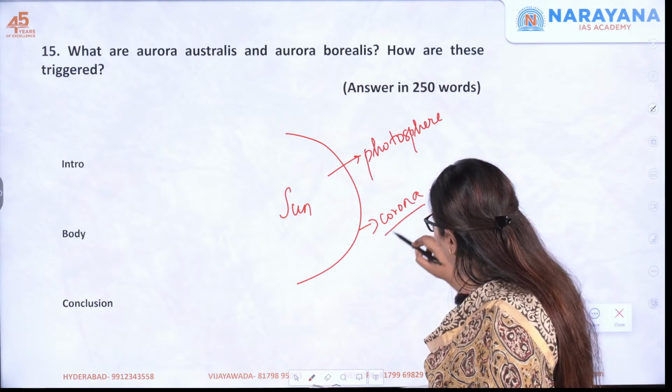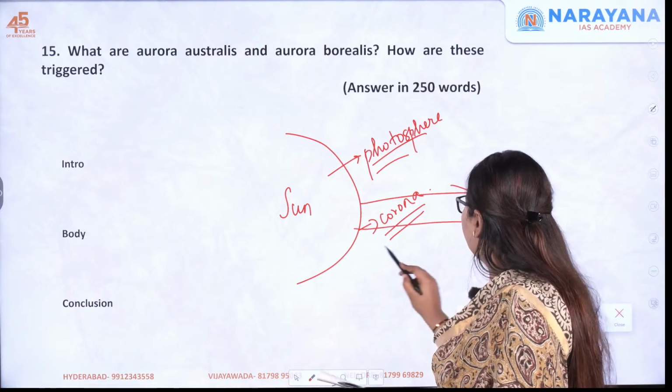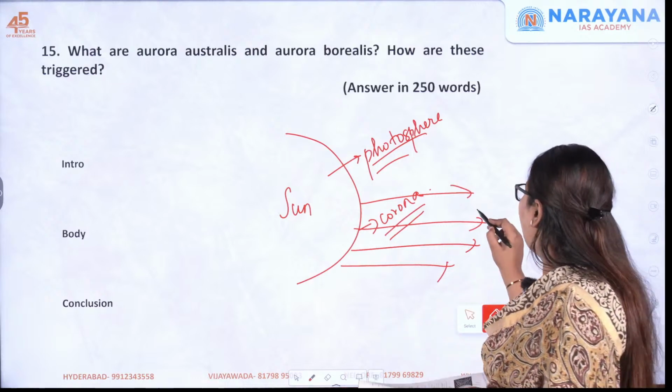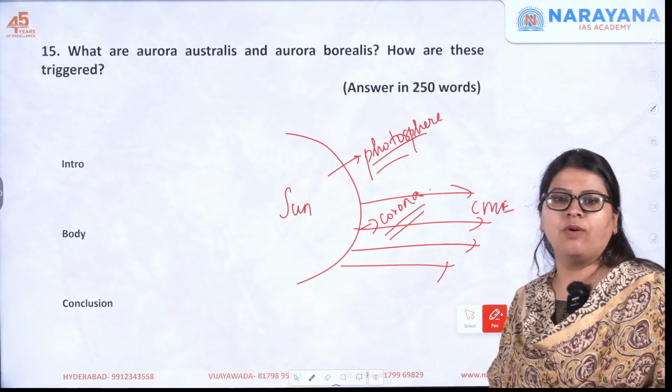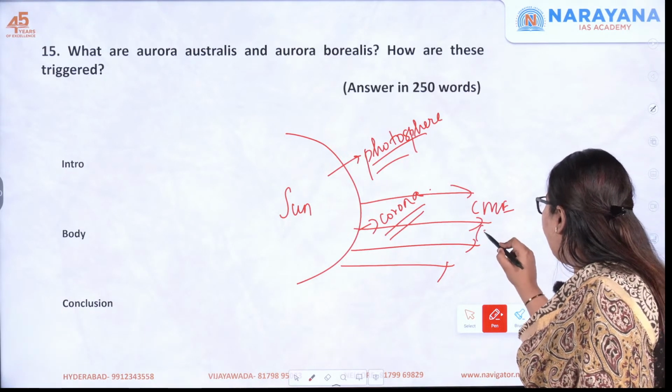So what happens is, there are rays that actually come from the sun towards the earth. Okay, so these are called coronal mass ejections, or they are also called solar flares.